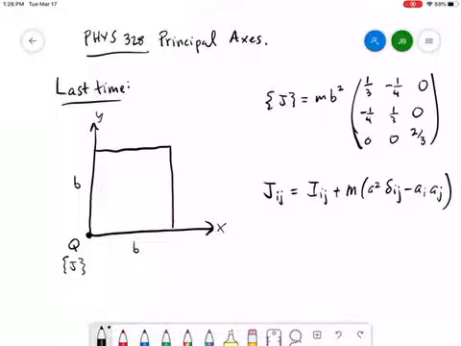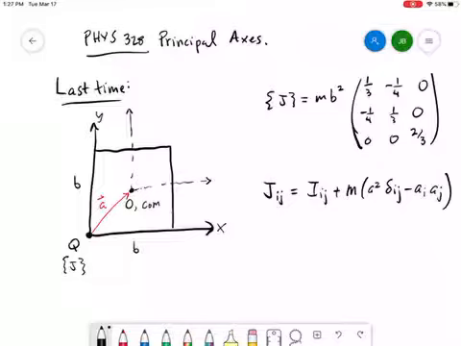So I is going to have some origin O at the center of mass, and the vector A connected the two origins, so this was vector A. Okay, so if we knew the elements of J and we knew the properties of vector A, then I could figure out the rotational inertia tensor for origin O with axes that were parallel to the axes that we had for point Q.